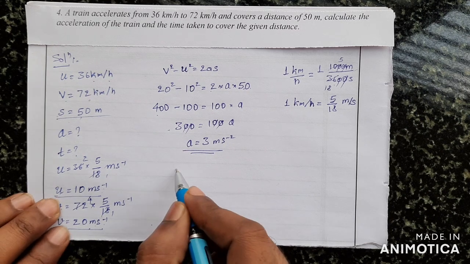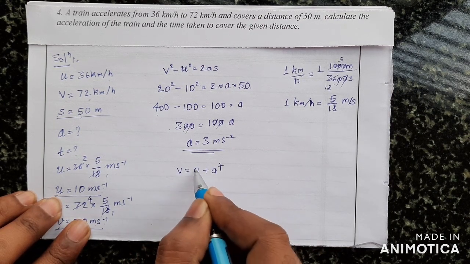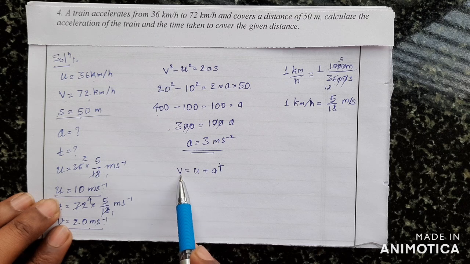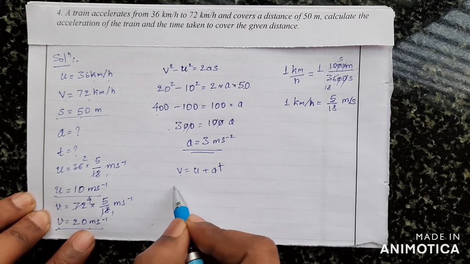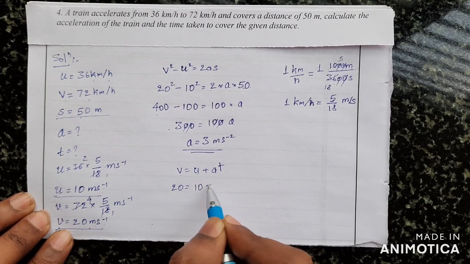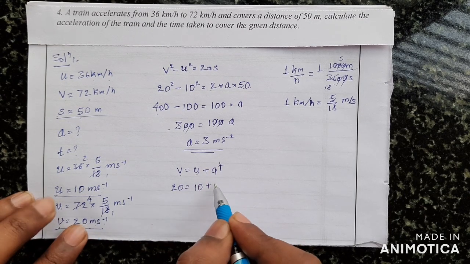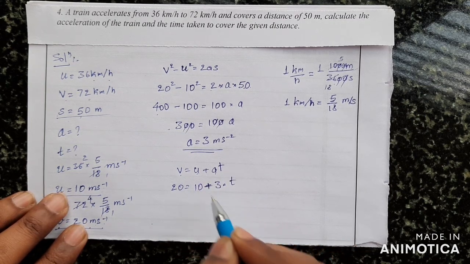When I take V is equal to U plus AT, we have V, given 20, is equal to U, given 10, plus A, which is 3, and time has to be found. Easy, right?